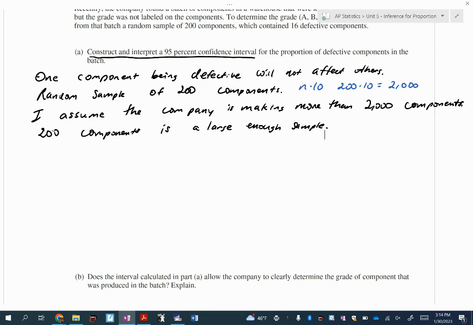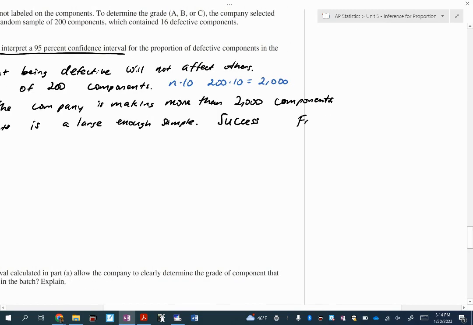What I have to do, the last thing here before I write my statement. Success, failure. Now, let me make sure we're on the same page here, guys. If you have to run an interval on Wednesday/Thursday, you're just going to use the data from your sample. So how many did they sample when they reached in? 200.